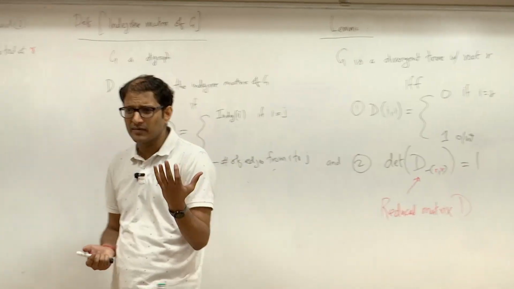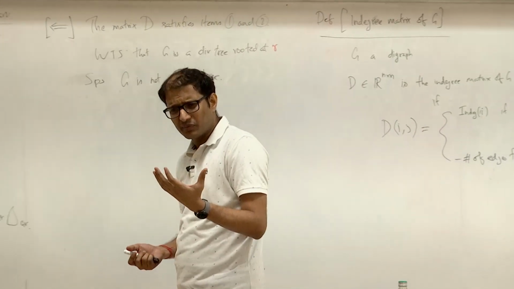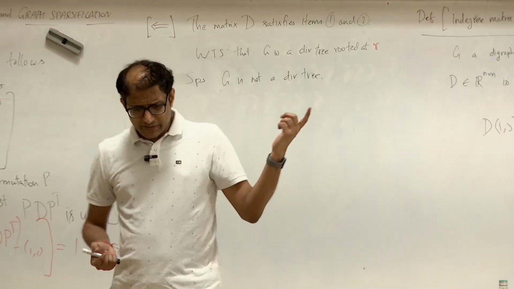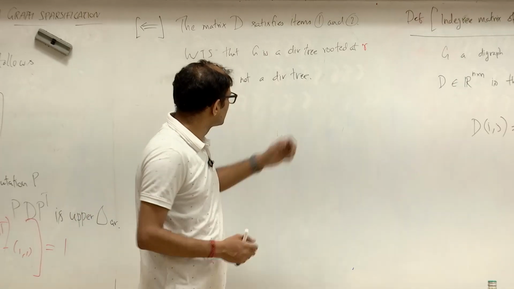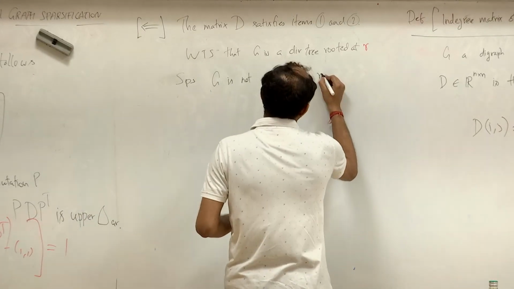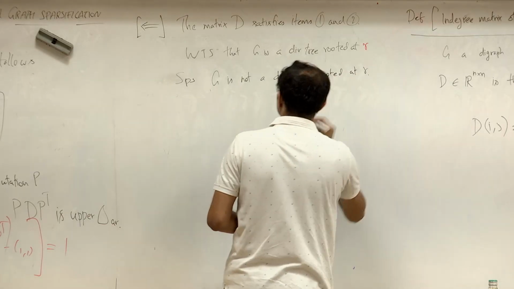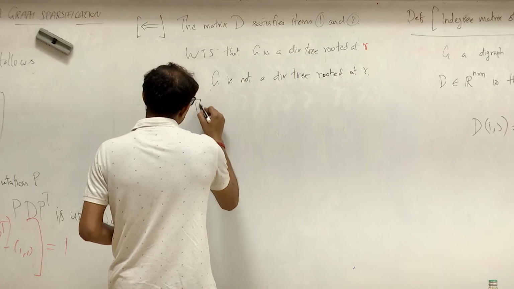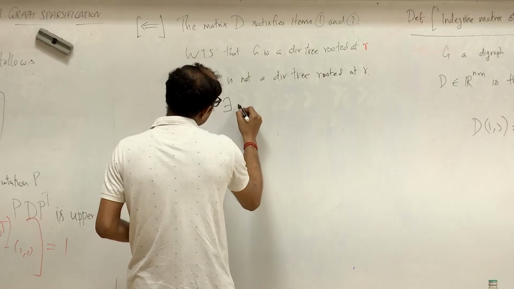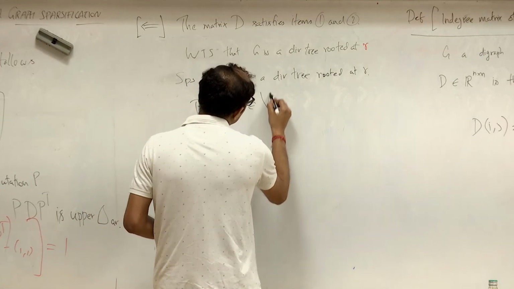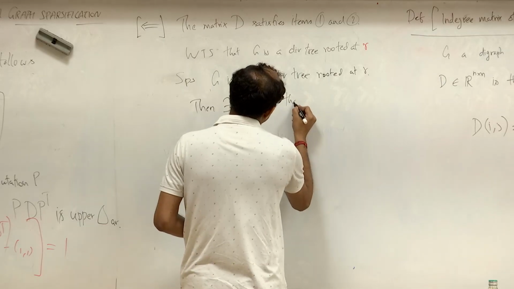D was supposed to be an in degree matrix, so everybody has in degree 1. So what this means is that since this is not a divergent tree rooted at R, then there exists a vertex in your graph that R cannot reach.